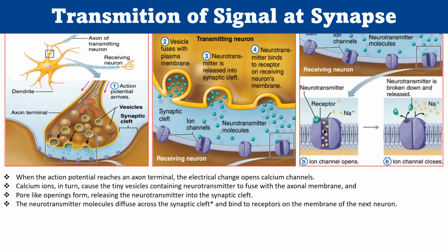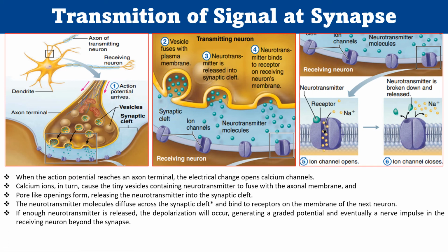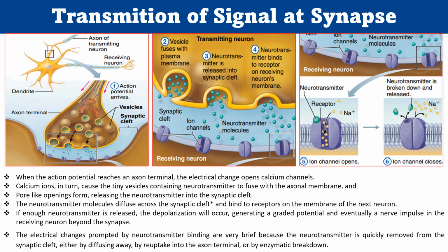Number 4. The neurotransmitter molecules diffuse across the synaptic cleft and bind to receptors on the membrane of the next neuron. If enough neurotransmitter is released, depolarization will occur, generating a graded potential and eventually a nerve impulse in the receiving neuron beyond the synapse.